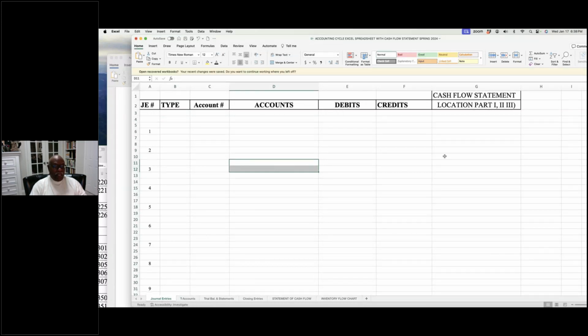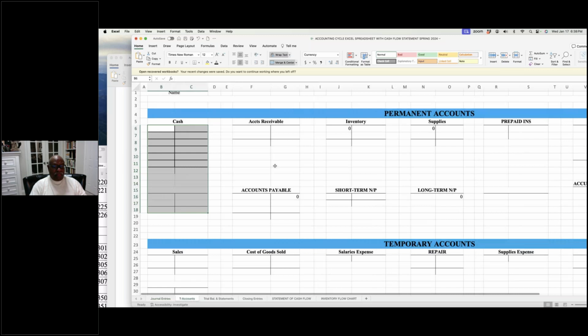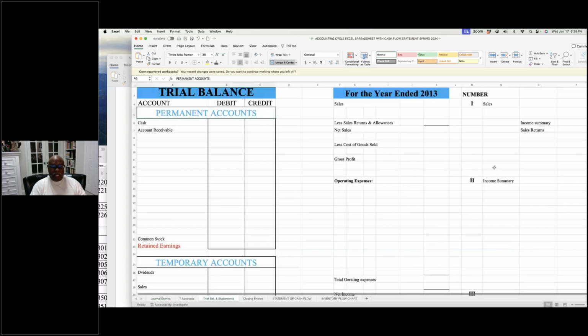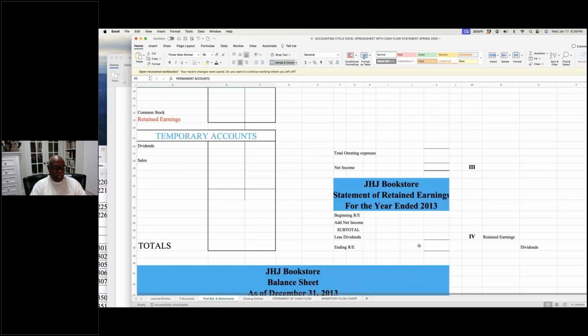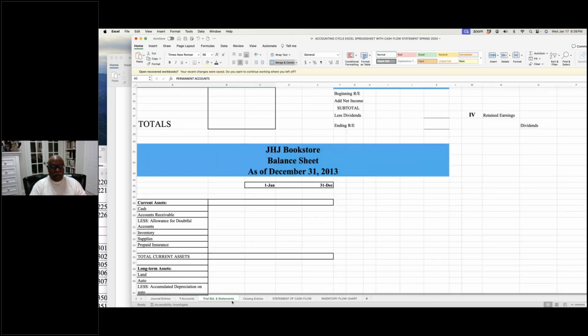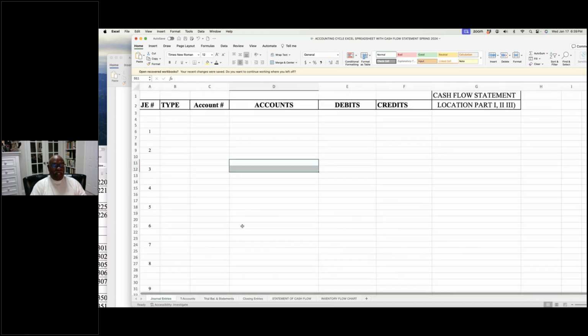We put them here. The second sheet, the T accounts, they come here. The third sheet, the trial balance, and we put the closing entries here. And we also do our income statement, statement of retained earnings, and balance sheet. So we'll move across all of these by the end of class next time. But today we're just doing journal entries. All we're doing is making journal entries.